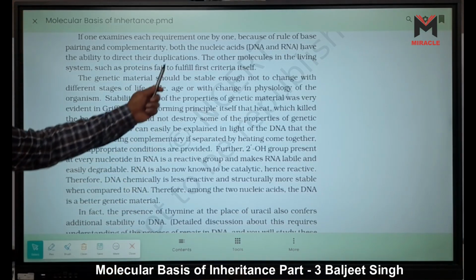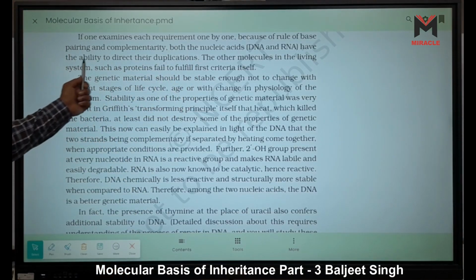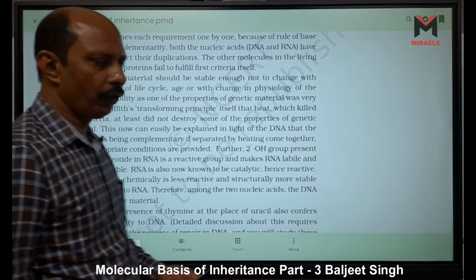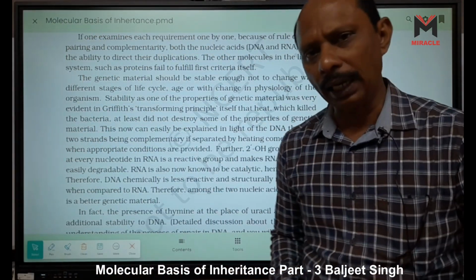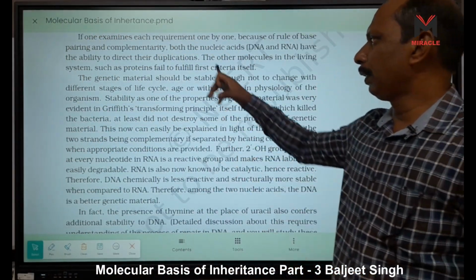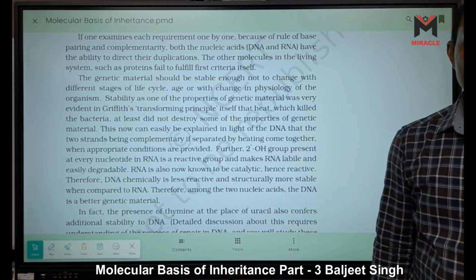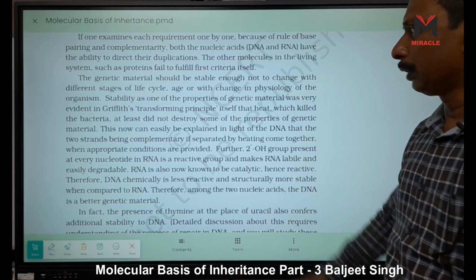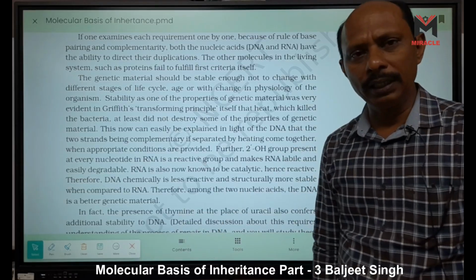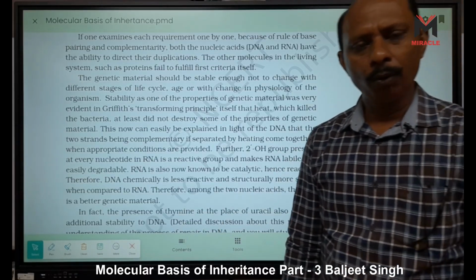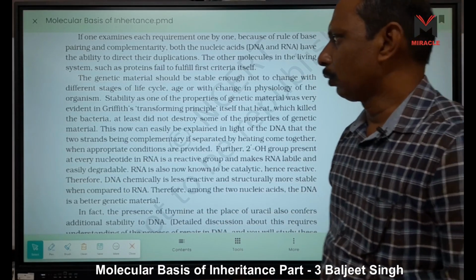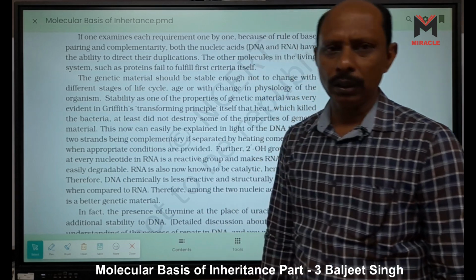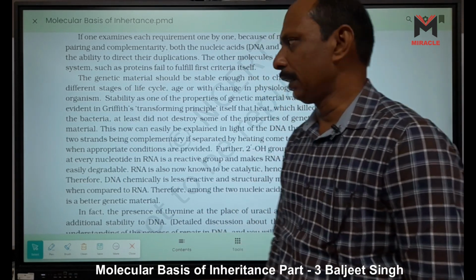The other molecules in the living system, such as protein, fail to fulfill this criterion, meaning they cannot form their replica. Only DNA and RNA can. So the first criterion is present in both RNA and DNA, that is replication.